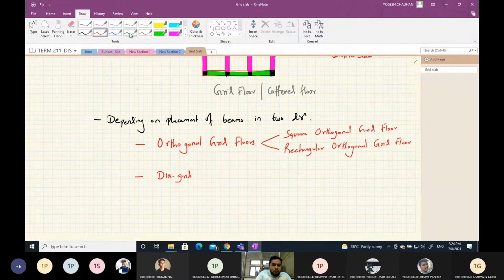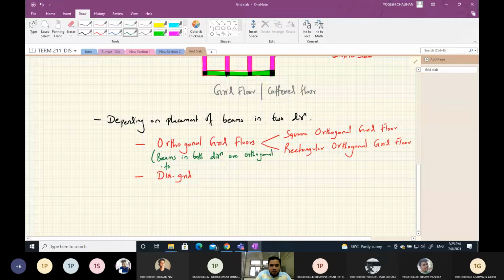Orthogonal grid floor means beams in both directions are orthogonal to each other. Orthogonal means perpendicular to each other.